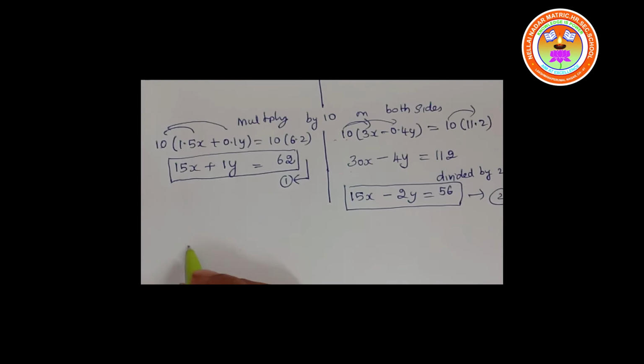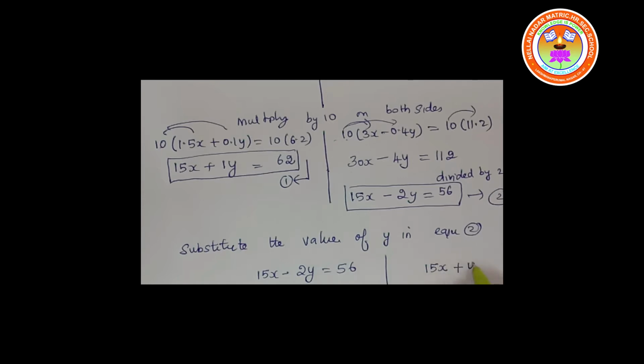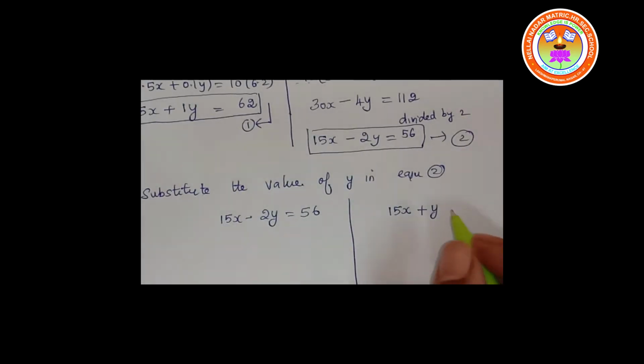So substitute the value of y in equation 2. So 15x minus 2y is equal to 56. Actually the first equation is what? 15x plus y equal to 62. y is equal to, keep y as it is, transfer to the other side, 62 minus 15x.